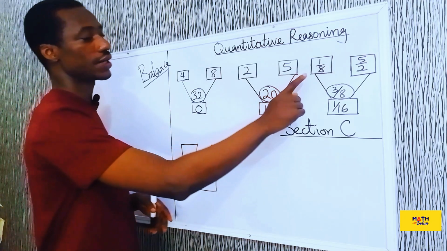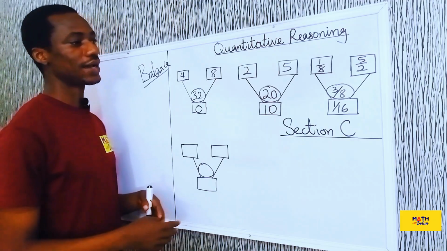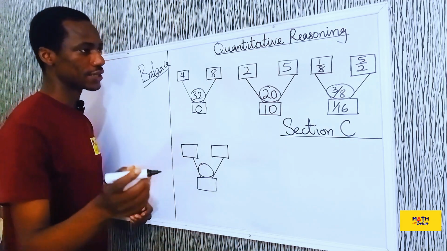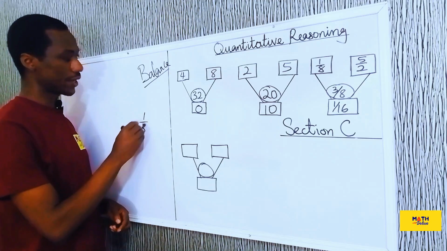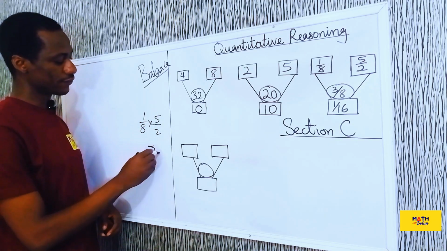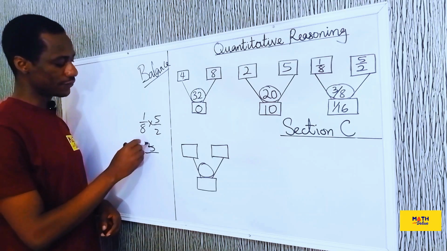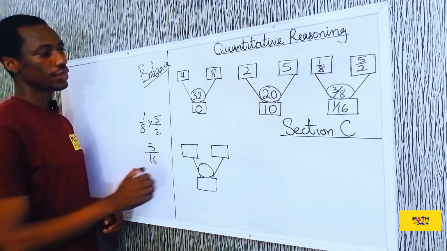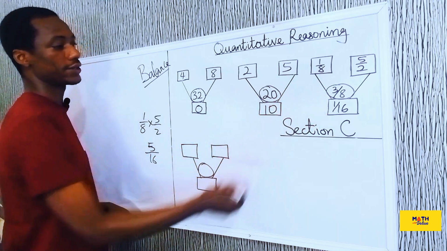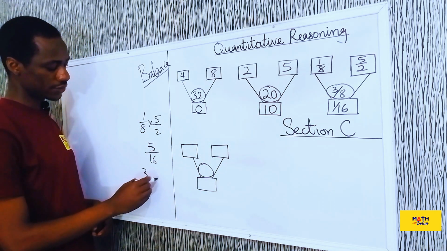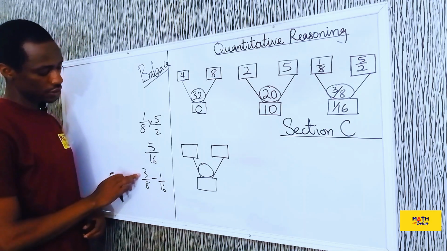And if we check with this, 1/8 times 5/2, I'm going to do that as quickly as possible. 1 times 5 is 5, and then 2 times 8 is 16. Then we'll subtract 3/8 minus 1/16.